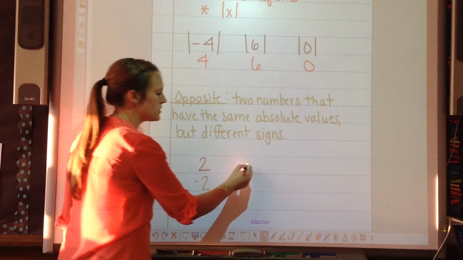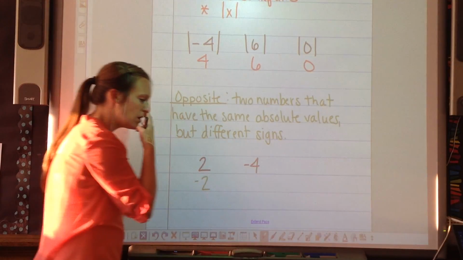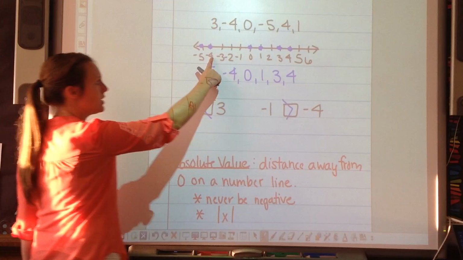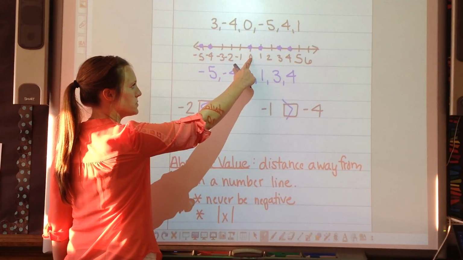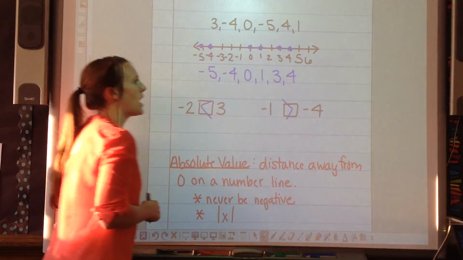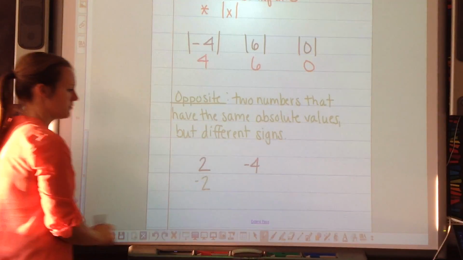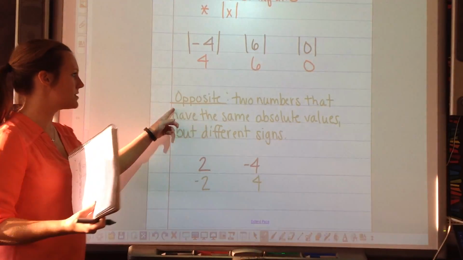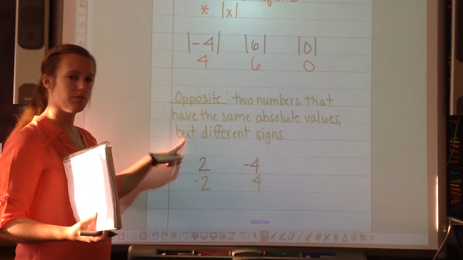Or, let's say we start with -4. -4 is 4 spots away from 0 on the number line. What other number is 4 spots away from 0? +4. Two numbers that have the same absolute values but different signs.